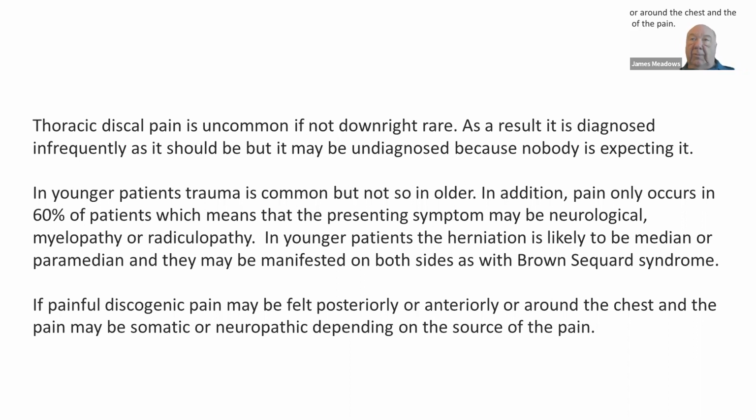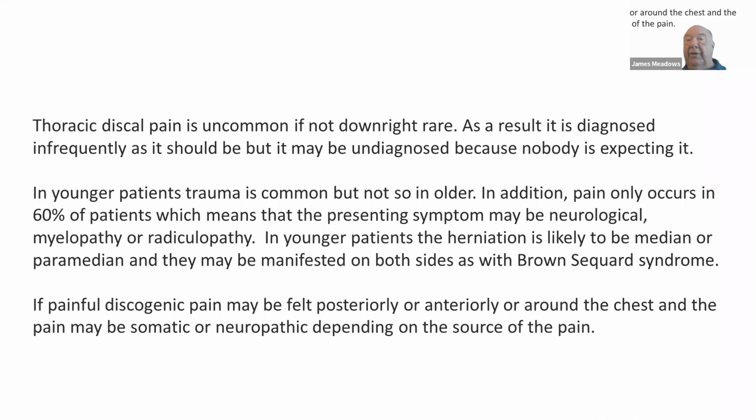Trauma is much more common in young patients with discogenic pain, and it seems mostly to be the result of rotation, which makes sense because this area of the spine actually rotates more than it flexes and extends. So it's reasonable that rotation may be the primary factor in damaging these discs.